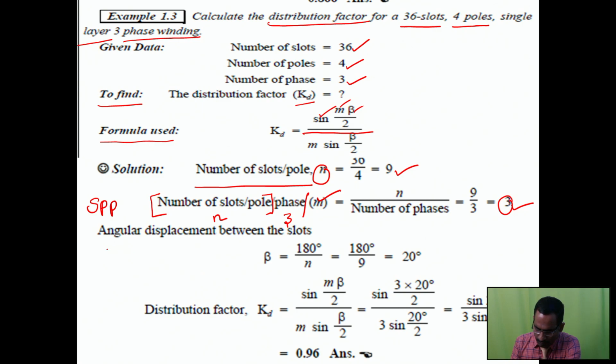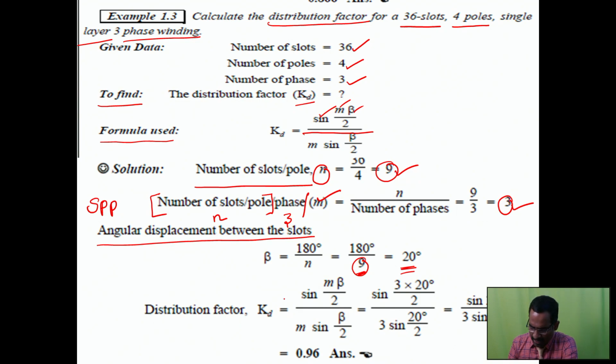Then the angular displacement between the slots, or the slot angle, beta, is equal to 180 degrees by n. We have already calculated the n value, 9, so beta is 20.